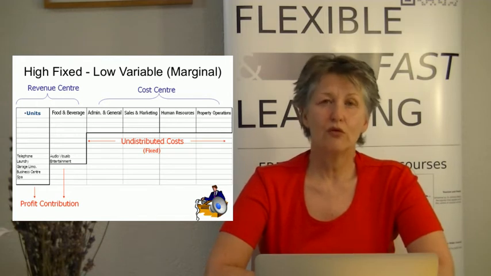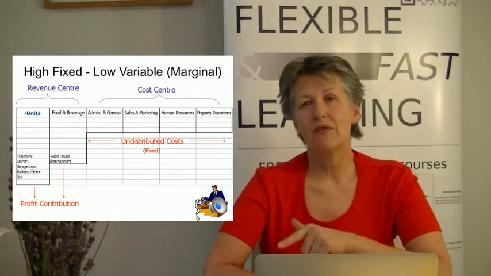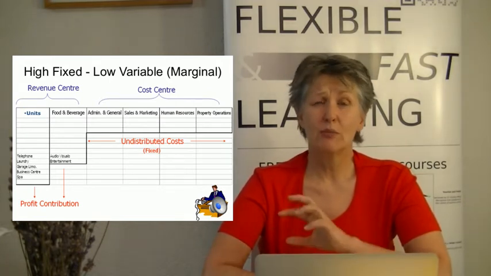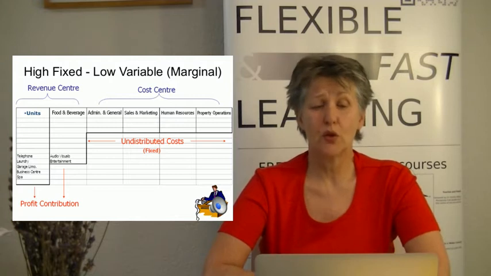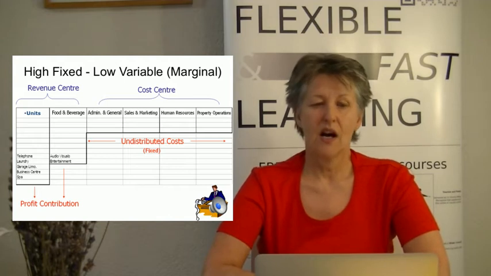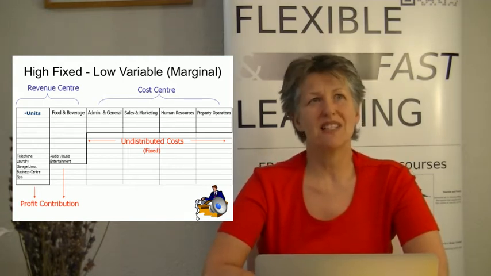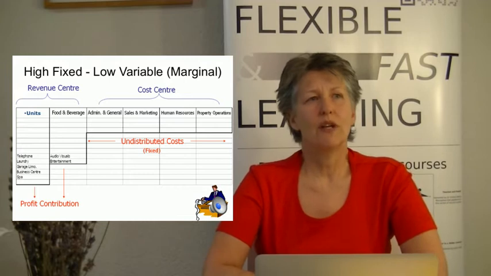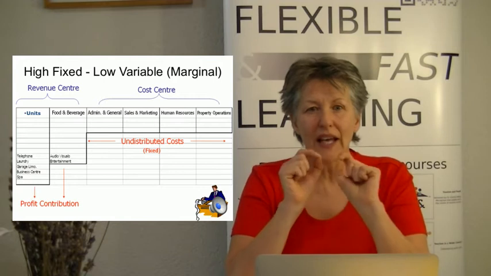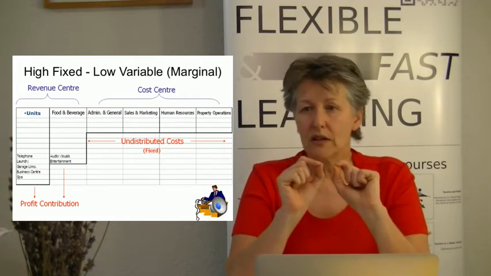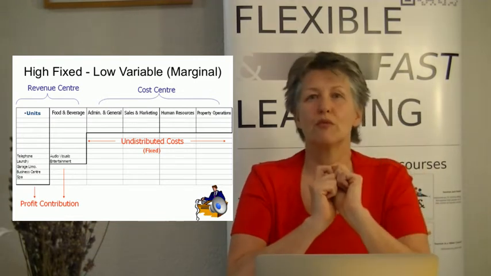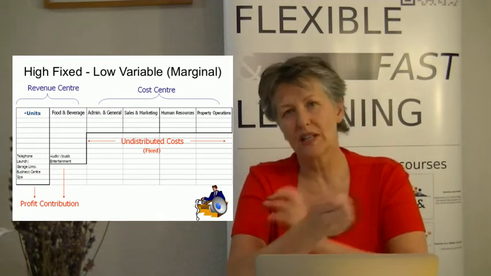Normally the rooms department would need to pay for a portion of these undistributed costs, and a portion would need to be allocated to the food and beverage department and maybe some other minor revenue centres. We don't really do this in hotels because it would be very time consuming, and we don't really see the need to spend time looking at how much of the sales and marketing manager's time was spent on rooms division products versus food and beverage products, etc.